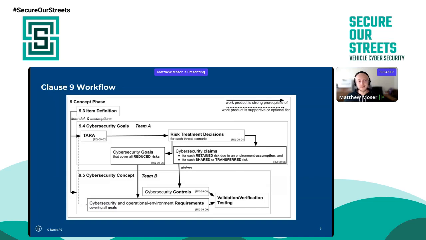So we're going to need some way of transferring the cybersecurity goals and cybersecurity claims that Team A generates over to Team B. And that could be a different set of people on the other side of the planet. So it's really critical that information between these two can transfer over without any sort of information loss.